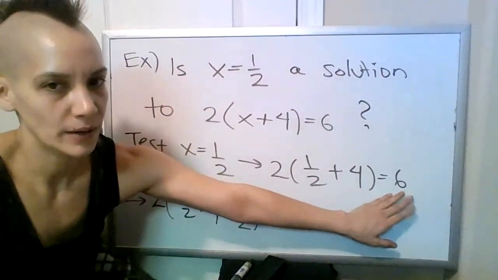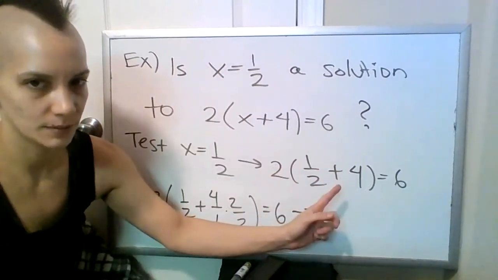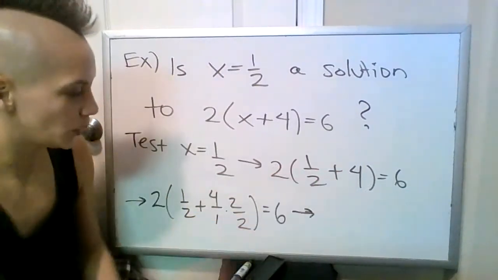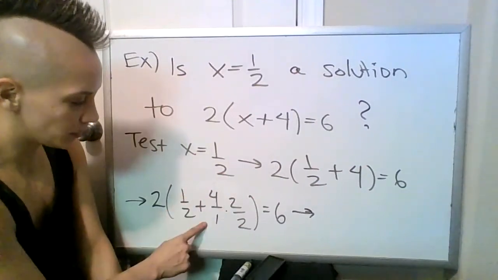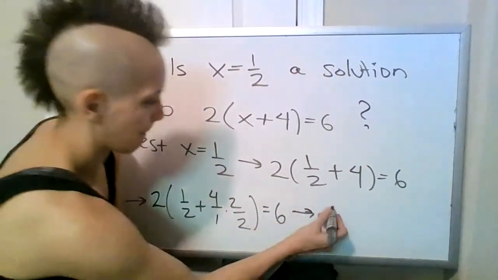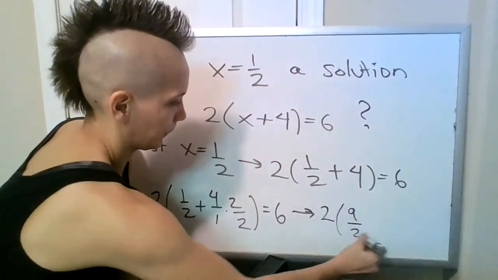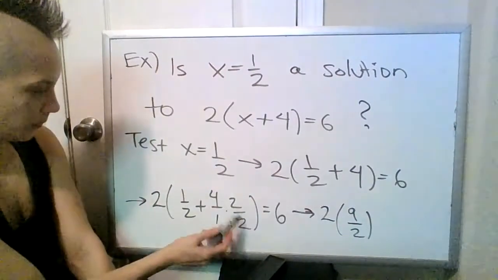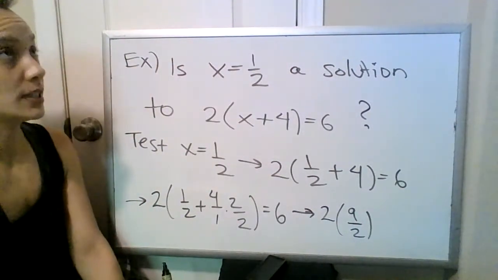Don't move it around. Just simplify this side. So we've got 8 plus 1 over 2, nine over 2. And is that equal to 6?